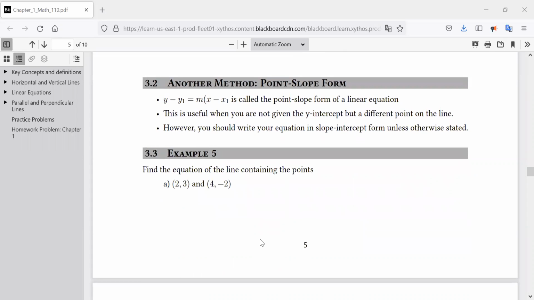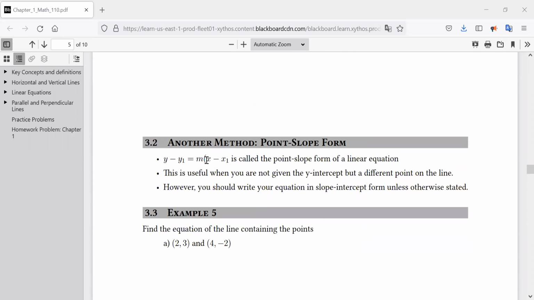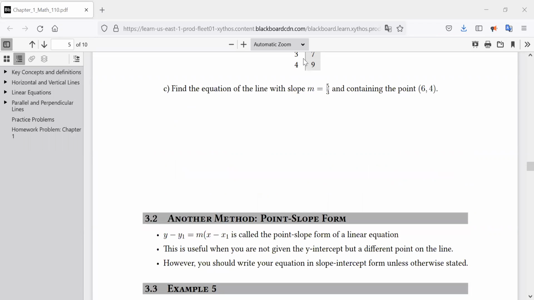Well, we can also use something called point slope form, and that'll also give us the equation of a line. So we have y minus y1, or let's scroll up and actually have both of these. So if we were to do that, then this becomes our x1, this becomes our y1.